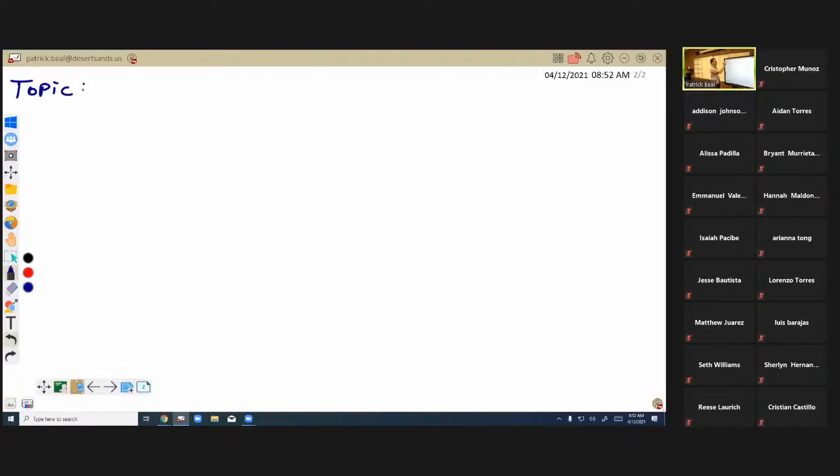So today we are going to start looking at a new topic. Not entirely new, it's connected to what we were just doing. It's about a special right triangle. This one is called a 45, 45, 90 triangle.